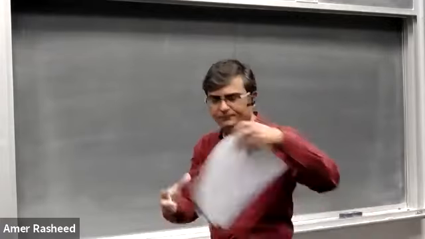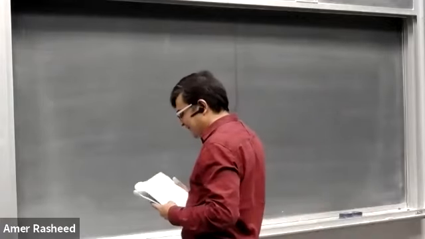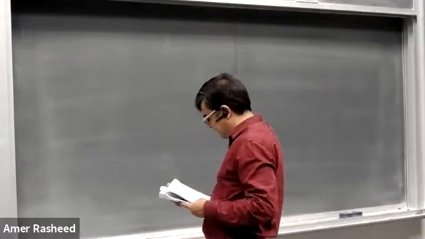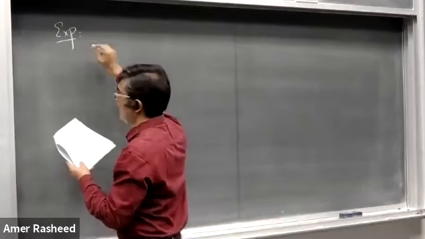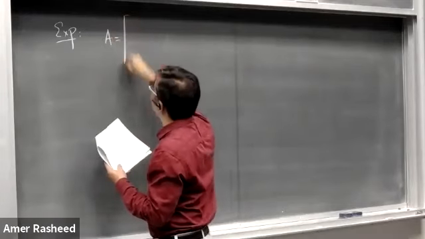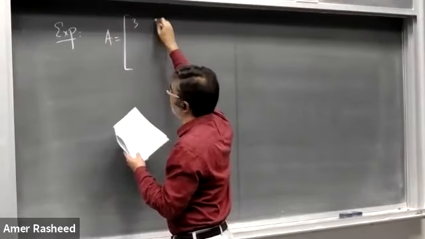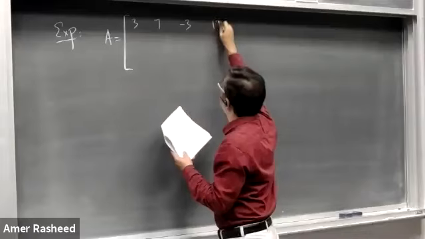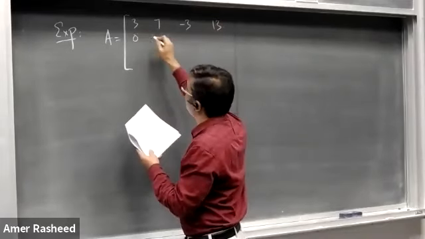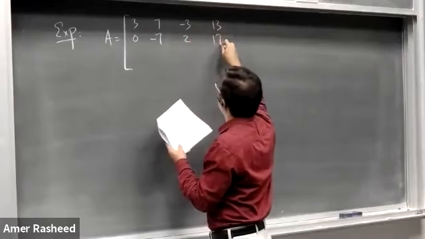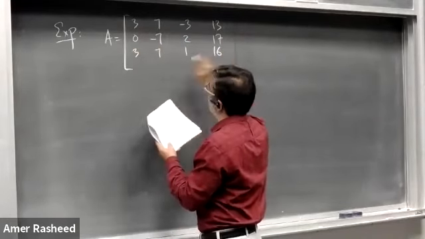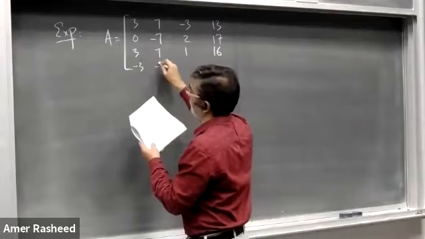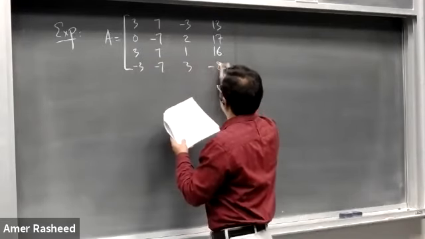Now, this one. This example is given on the slide number 39. Now, your A matrix is 3, 7, -3, 13, 0, -7, 2, 17, 3, 7, 1, 16, and then -3, -7, 3, -8.